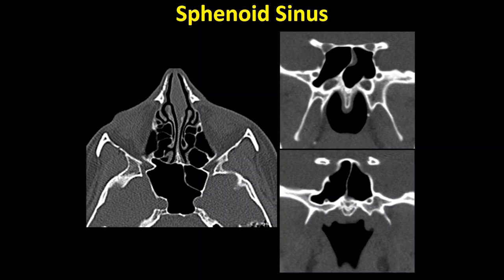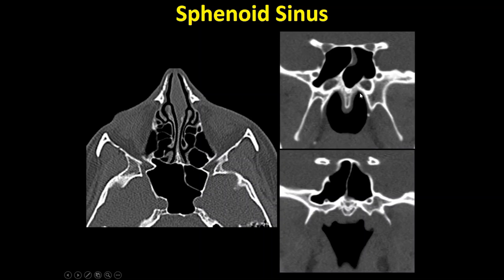The sphenoid sinus, when we evaluate certain anatomic variants that we need to carefully consider are the intersinus septum. The posterior attachment can be in the midline or can be to the lateral wall, and if it is to the lateral wall, make sure that there is bony covering seen of the cavernous sinuses.